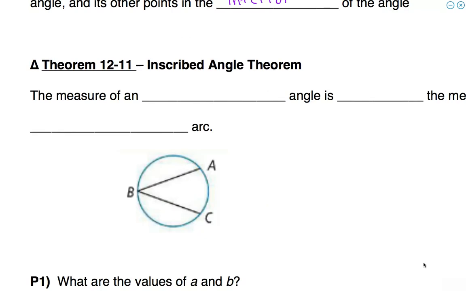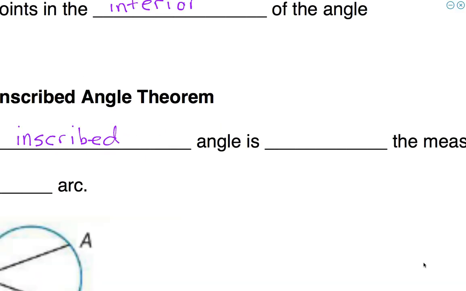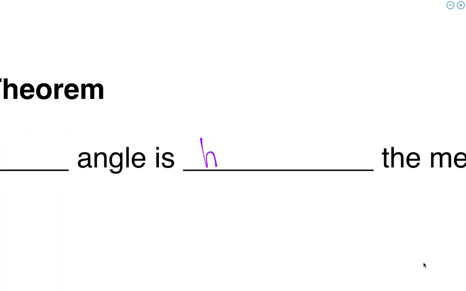And that brings us to our first theorem here in the section. So the inscribed angle theorem. The measure of an inscribed angle is half the measure of its intercepted arc.